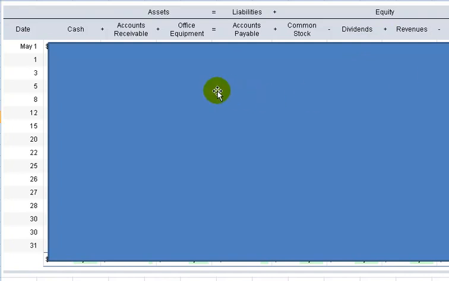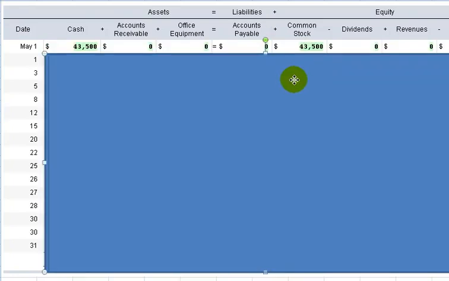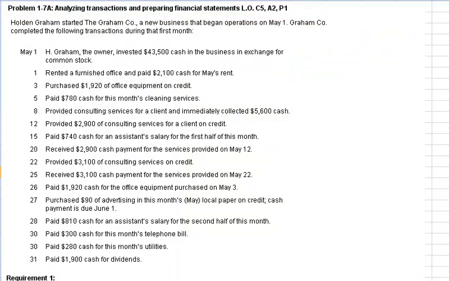Alright, so we've got an investment in the first one, so we know we have some kind of increase on the equity side, and we also have an increase in the cash of that dollar amount provided. So if I slide down, what we see is the dollar amount was $43,500. We enter it as positive numbers to both cash and to common stock.